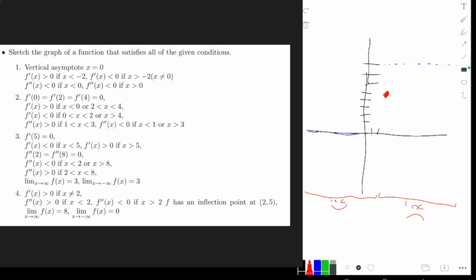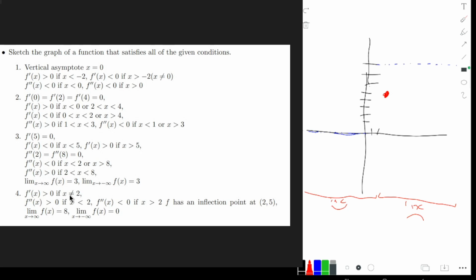All right? So that is going to be a place where it has a vertical tangent line. Notice how it has this condition here that the derivative is positive everywhere but 2. It's probably because the derivative is undefined at 2, which means either it has a sharp point or a vertical tangent line.